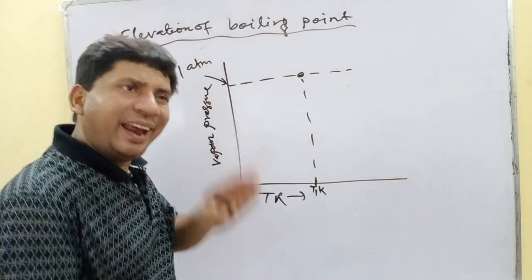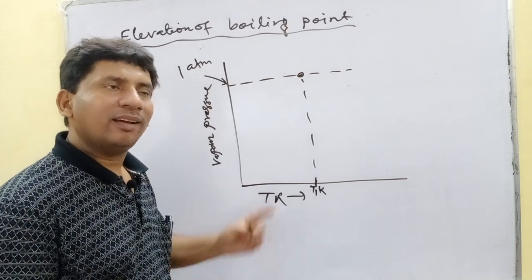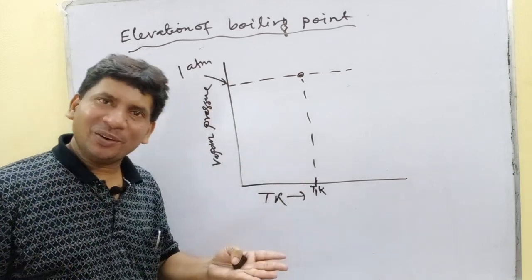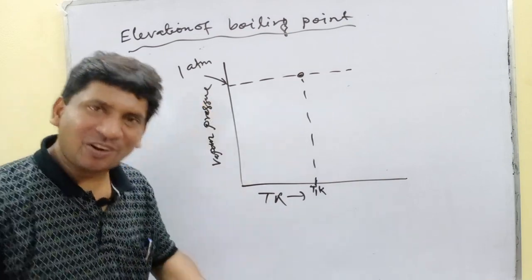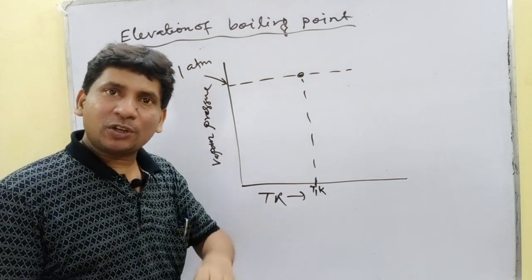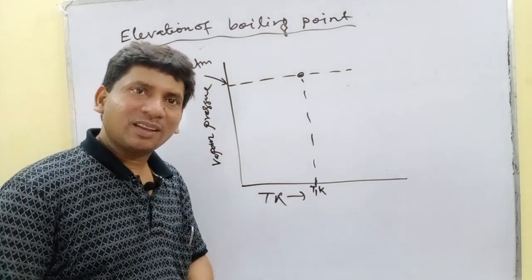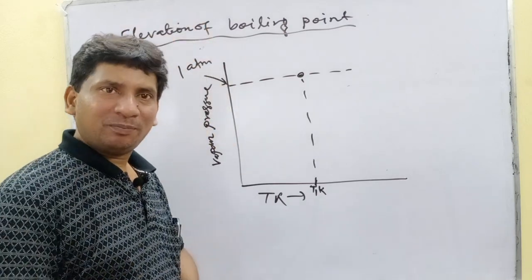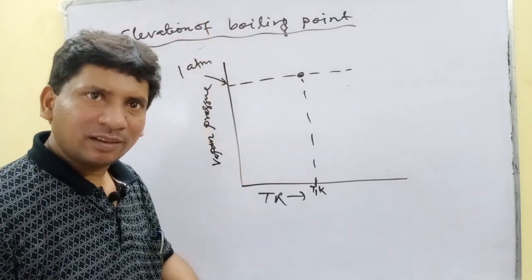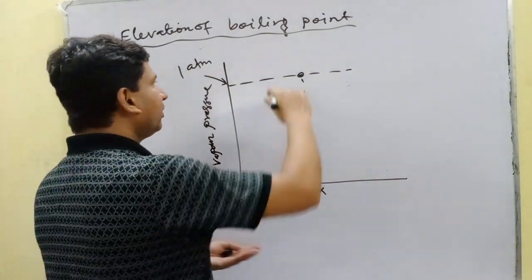Now if we add some solute, then what happens? We already know the vapor pressure will decrease. When we add solute to the solvent, the vapor pressure will decrease.